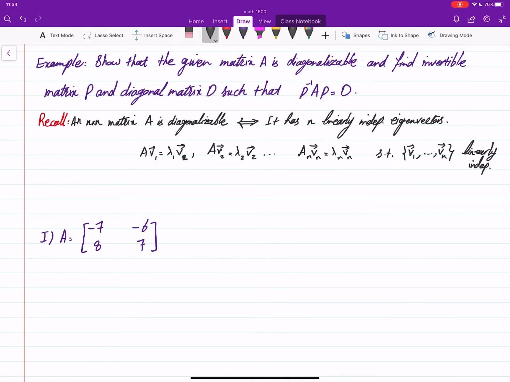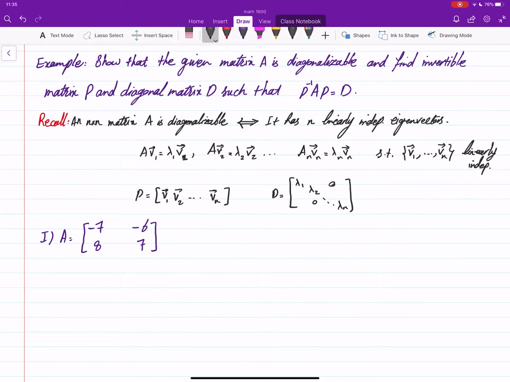Well, if that's the case, we can also see what P is. The invertible matrix P is: you put the eigenvector of lambda 1 in the first column, then v2 in the second column, up to the nth column. And the eigenvalues go on the diagonal: lambda 1 in the first entry, lambda 2 in the second entry, and lambda n in the nth entry.